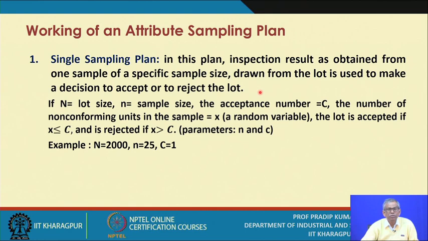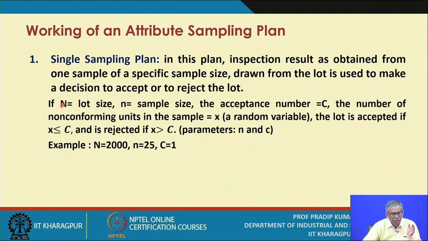Is it okay? That means the permissible number of samples to be drawn from the lot is just one. That's why it is referred to as the single sampling plan.